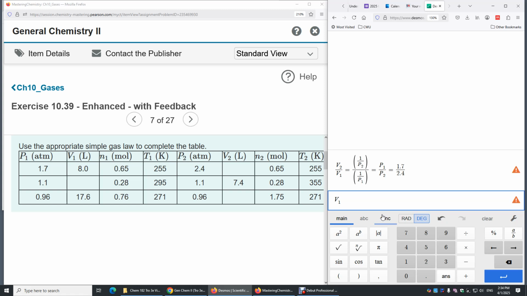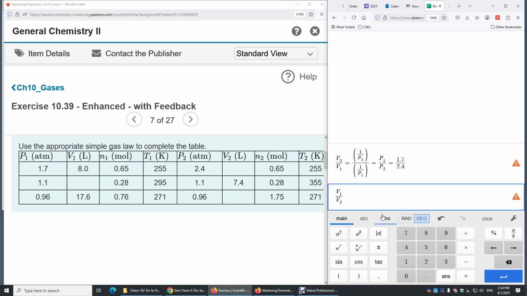Now we'll set it up here. V1 divided by V2 is going to be N1 over N2, because the volume is proportional to the number of moles, times T1 over T2. This is how we set up the equation. N1 and N2 are also the same, so we don't have to worry about this.